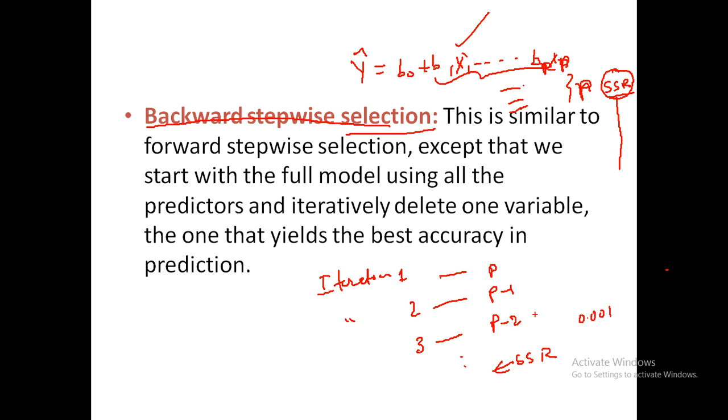If there is no more decrement of SSR or some other performance measure, then you can stop. At that moment, whatever variables are available in the model, those will be your final selected features or selected variables.